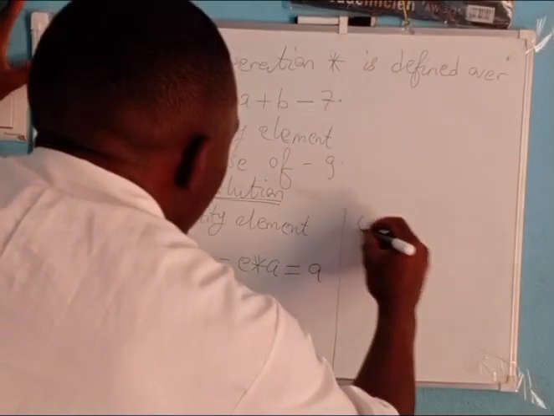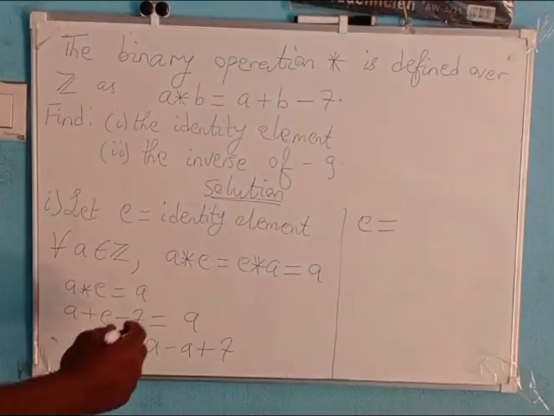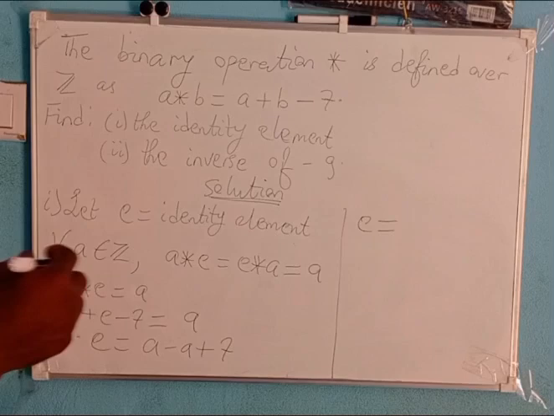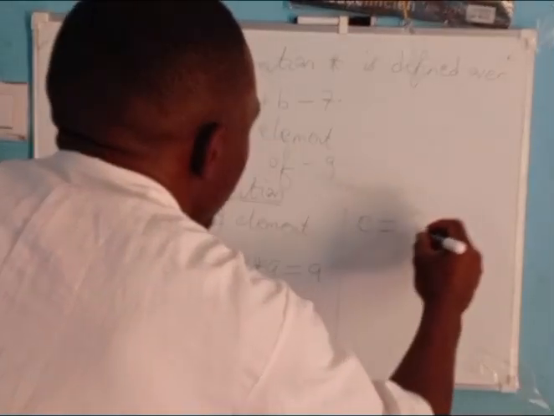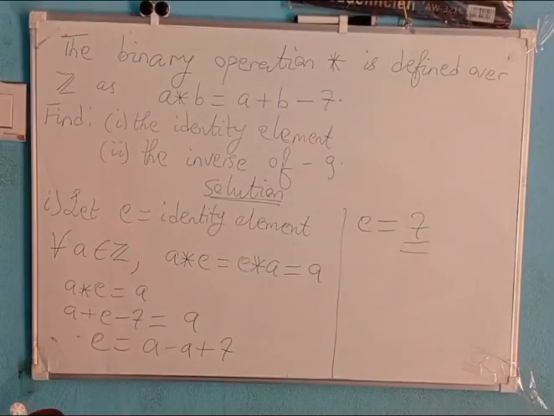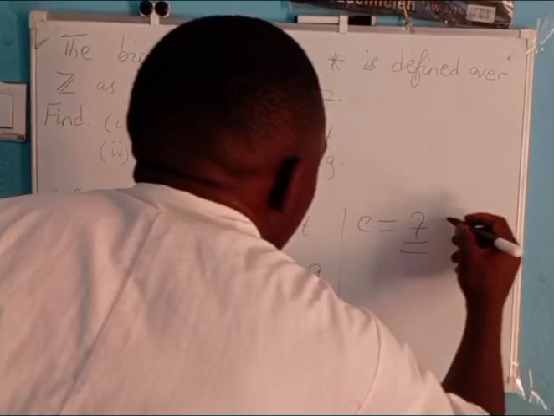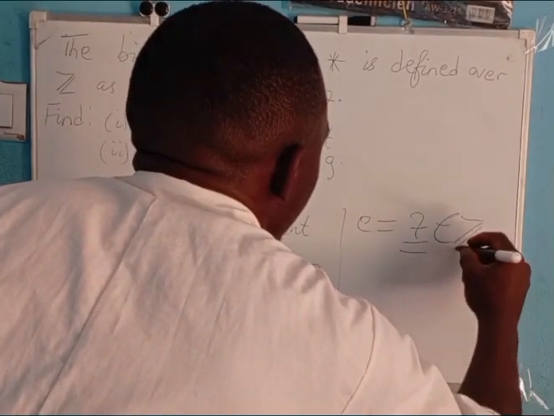And this will give us E equal to A minus A is 0, 0 plus 7 gives us 7, which is our identity element. You can see E belongs to the set of integers.